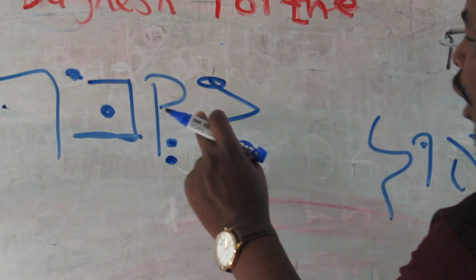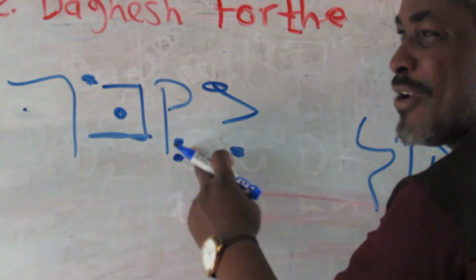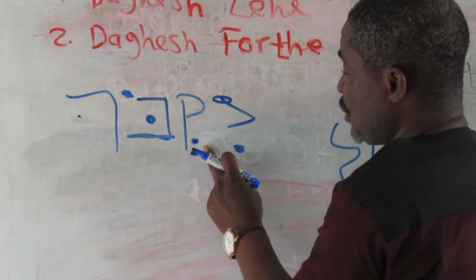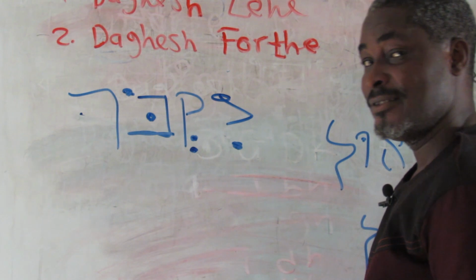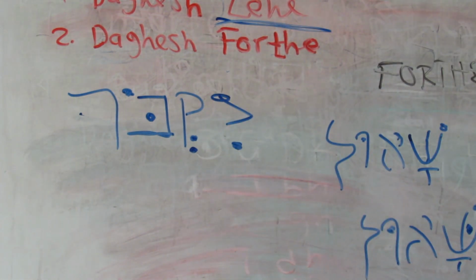Now, you have kof here, and the vowel under it is not a full vowel. It's a simple shewa. And so, because it's a simple shewa, you identify this Dagesh inside the bet to be a Dagesh lini. That is how you indicate that a Dagesh is Dagesh lini or a Dagesh forte.